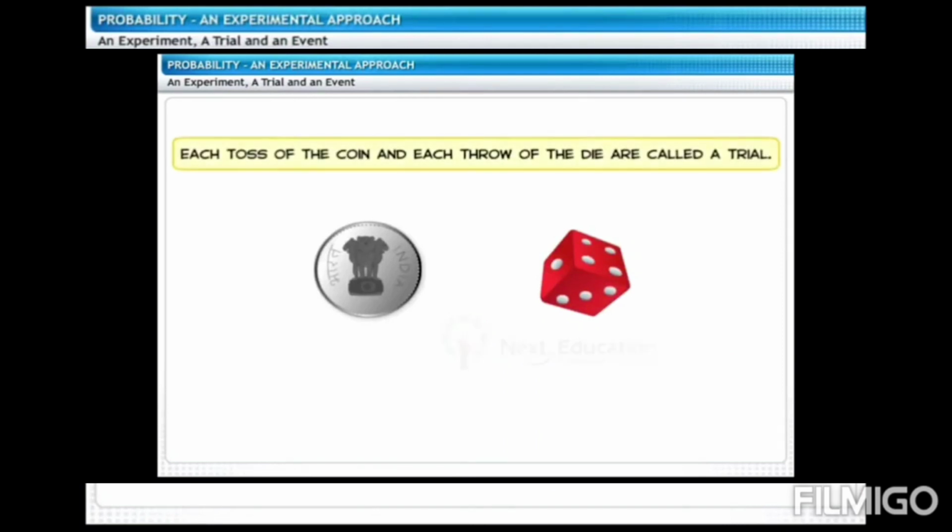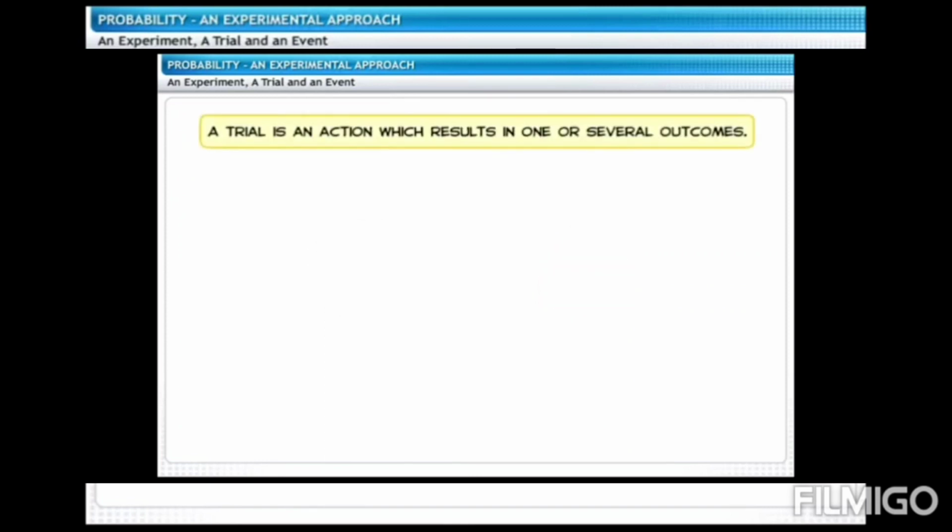In both the experiments, each toss of the coin and each throw of the die are called a trial. Please note that even if the experiment involved more than one coin or die, it would still be called a trial. A trial is defined as an action which results in one or several outcomes.